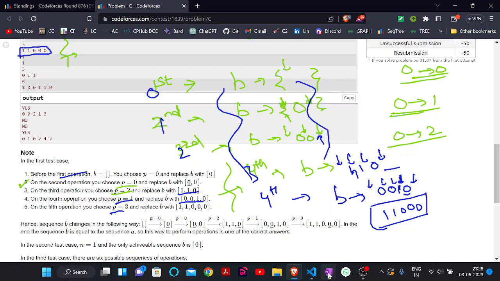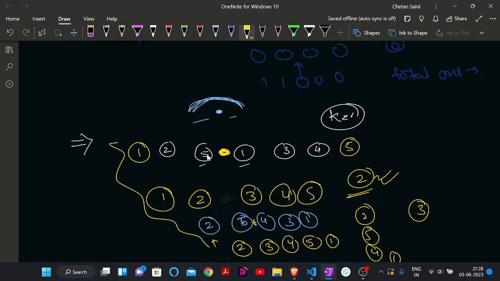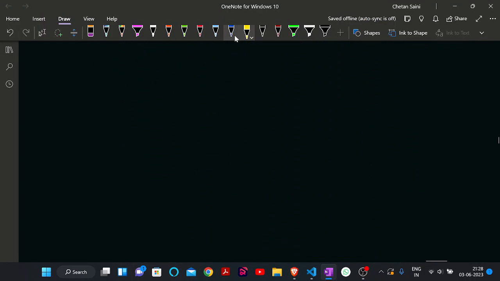Now we are going to discuss how to generalize this approach. So first of all, think like I am choosing the same sequence which we are considering as of now. Think like this is the sequence which we are getting on our fourth operation.